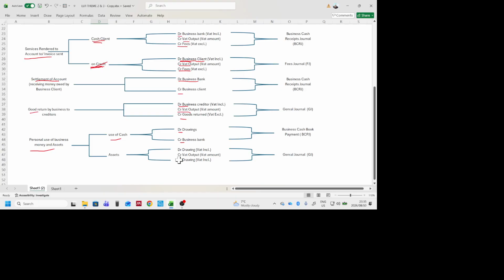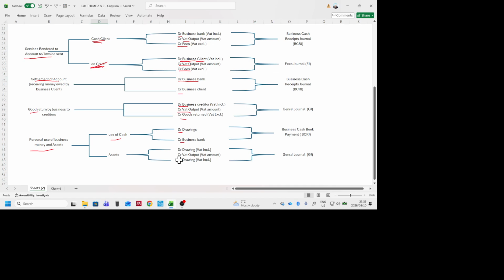So any transaction where the owner uses the business money for personal use, it doesn't matter what the item is, we're going to ignore the VAT treatment because the owner cannot claim back the VAT. And this will no longer be classified as a completely business transaction, but a personal transaction.